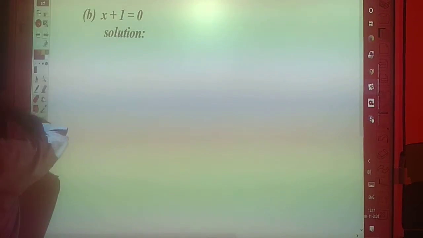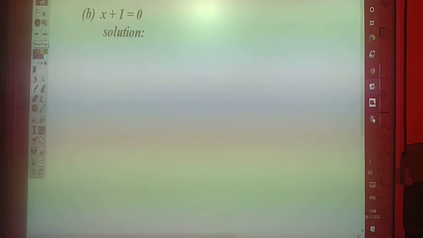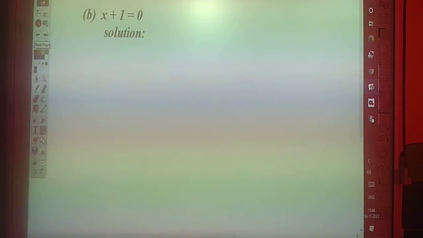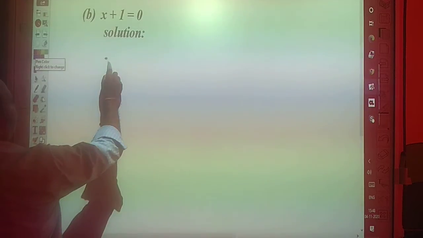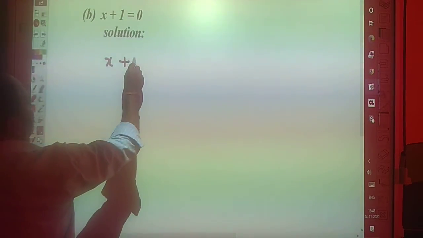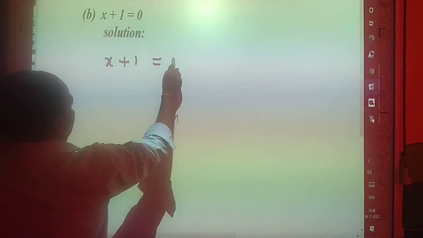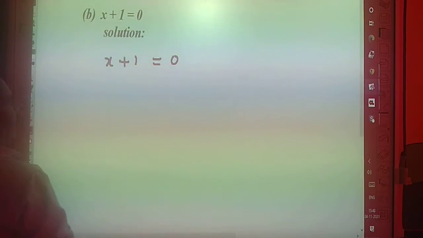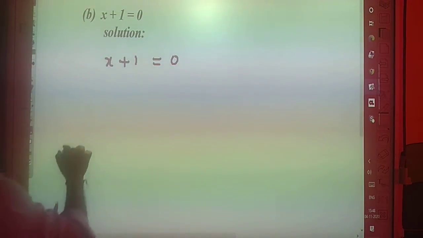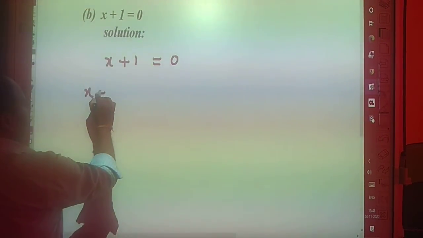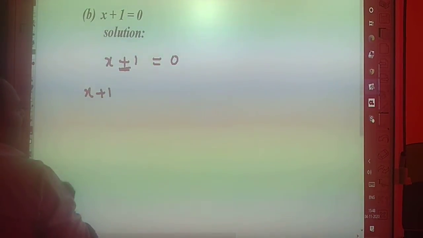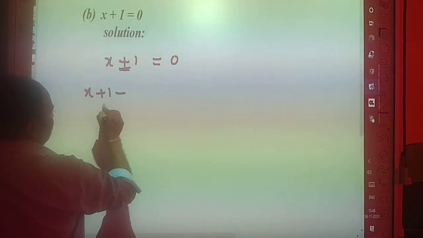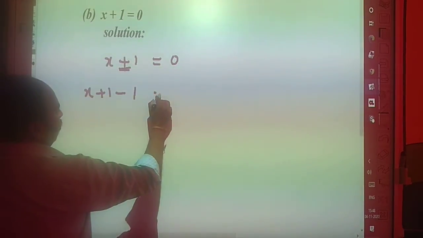Next one. Question part B. X plus 1 is equal to 0. Here plus 1 is there, so we take minus. In x plus 1 the sign is plus, so we want to minus 1.